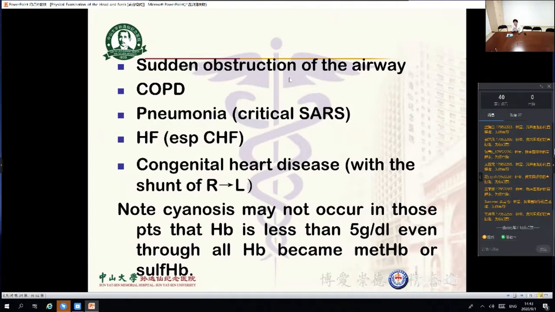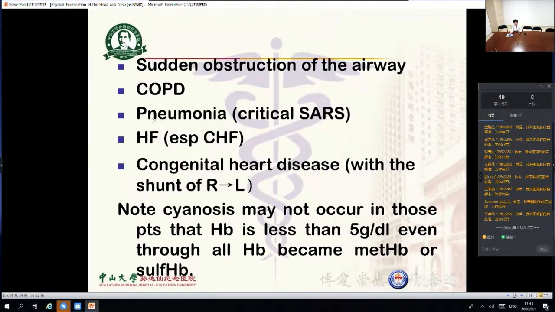And the second thing we need to know is COPD. COPD means chronic obstructive pulmonary disease, and this kind of patient is chronically ill and has the small respiratory tract lumens obstructed, and then also the oxygenation of the hemoglobin decreases.